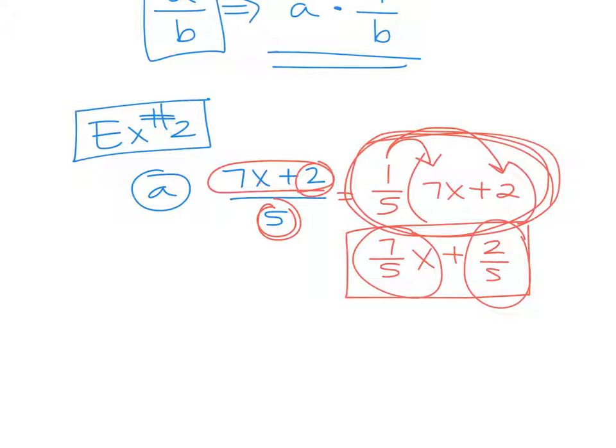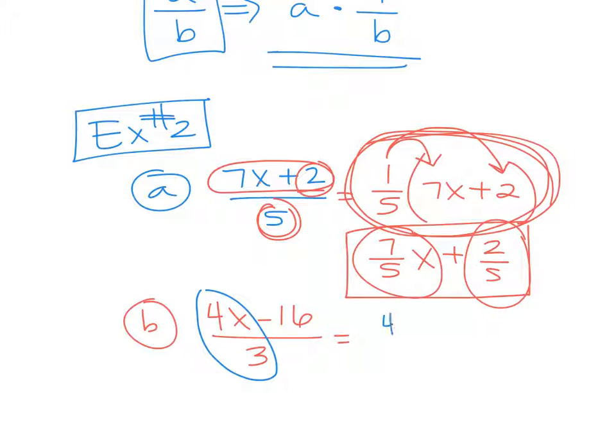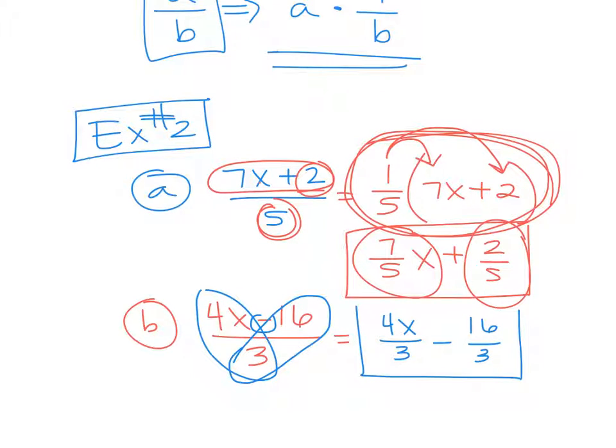So if I have 4x minus 16 over 3, I can do this fraction, 4x over 3, and then keep my sign, the minus, and then I can do this fraction, 16 over 3, and that would be my simplified version, right? I'm just using that 3 twice to turn both those parts into fractions.